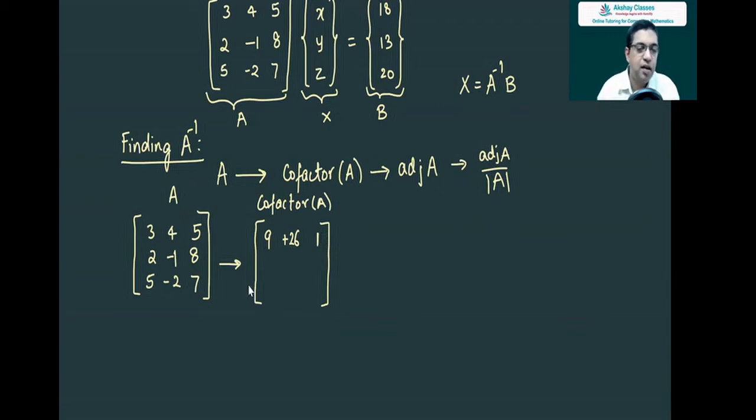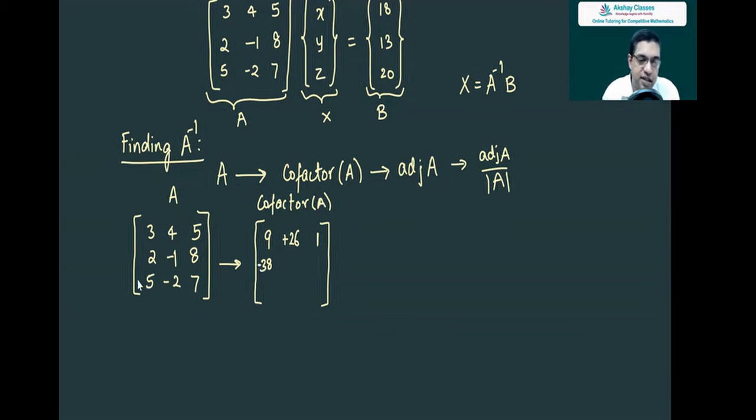Then next, for 2, this element 2, second row, first column element, cofactor. 38. Very good. You eliminate the first column and the second row. So you're left with 4, 5, 7, 28 minus of minus 10. Good. 38, but with a minus sign.